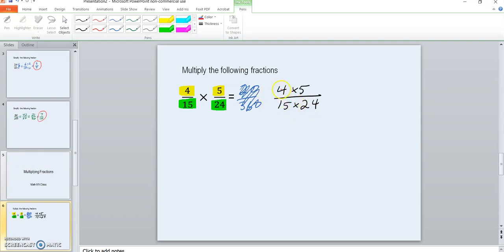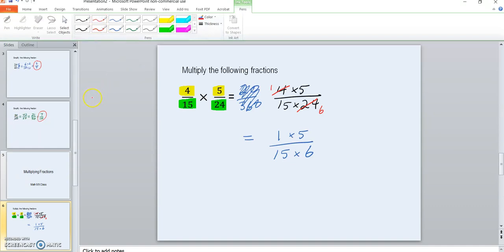For example, I know that 4 and 24 can both be divided by 4. So now I have 1 times 5 on the top and 15 times 6 on the bottom.